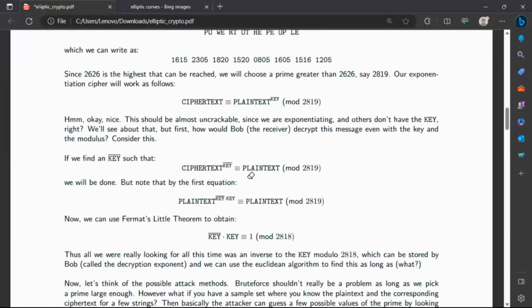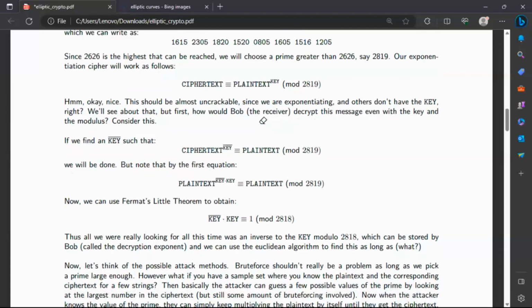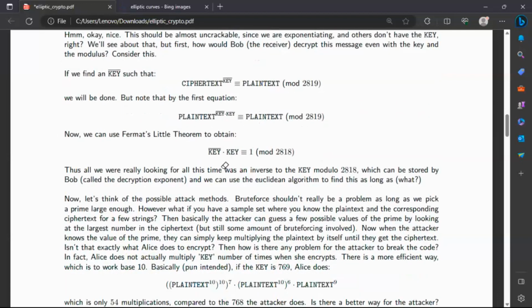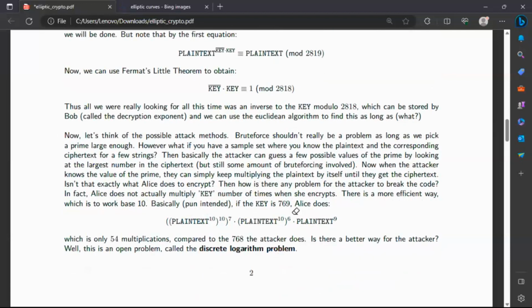But if this is a long process, isn't that exactly what Alice does to encrypt? The answer is no. Alice doesn't use that long way to encrypt. Alice just works in base 10.